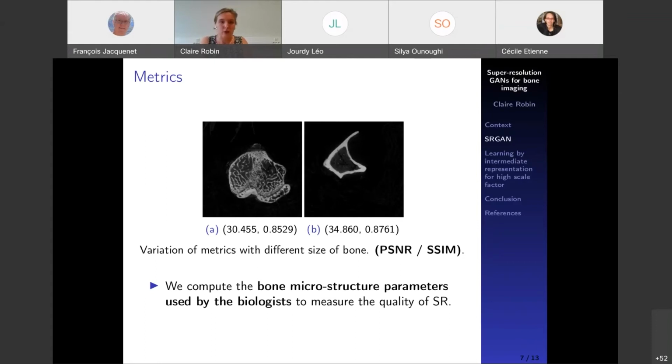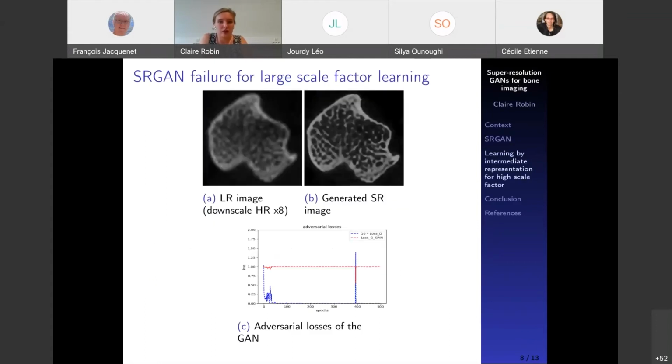But in parallel, we also worked on large scale factor learning. For a scale factor of 2 or 4, we saw just before that the algorithm worked pretty well. But for a high scale factor, it fails to reconstruct a convincing image. It's probably due to the fact that the task is hard.